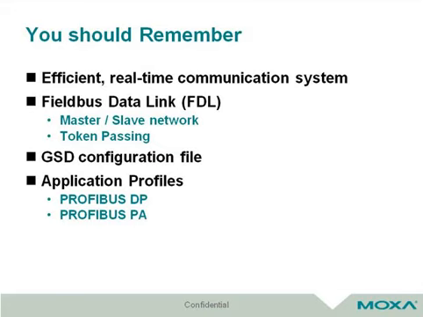For a network with multiple masters, it relies on the token passing method to decide which master can talk. Three: with the GSD configuration file, a PROFIBUS master can control slaves produced by different vendors. Four: application profiles define specified DP functions and the transmission technology for specified applications, for example, PROFIBUS DP or PROFIBUS PA.